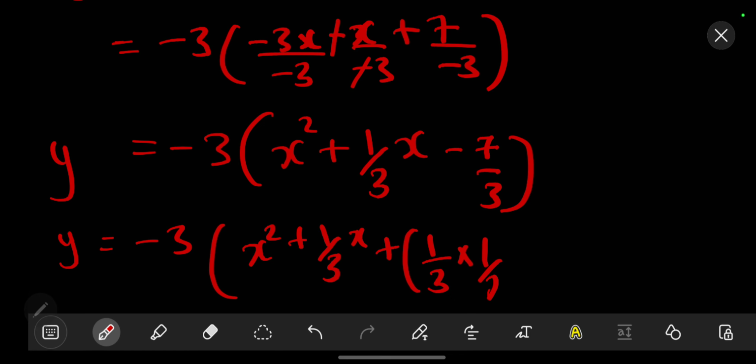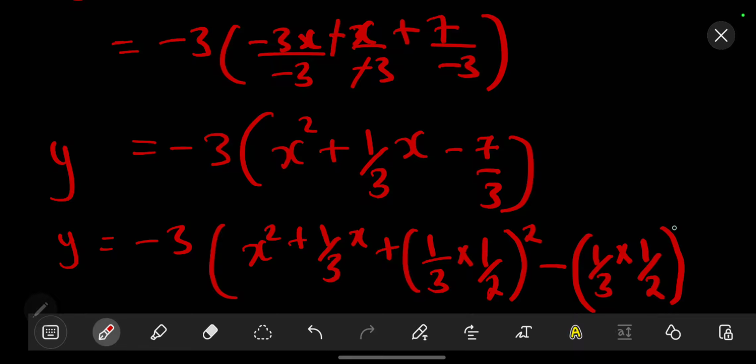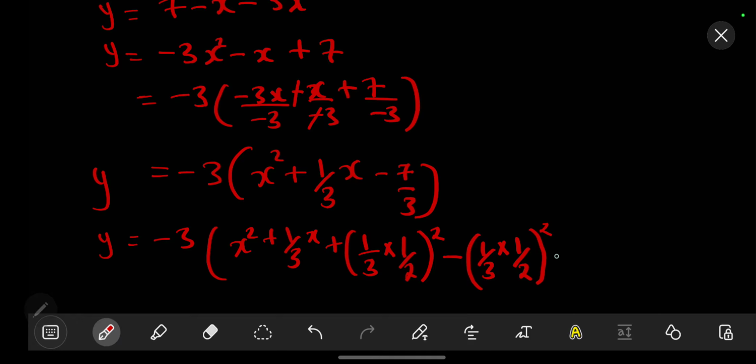Half is the same as multiplying by 1 over 2, so we square this. Then the same value we subtract, 1 over 3 times 1 over 2, squared like that. Then we have minus our 7 over 3. So you add, you subtract like that.